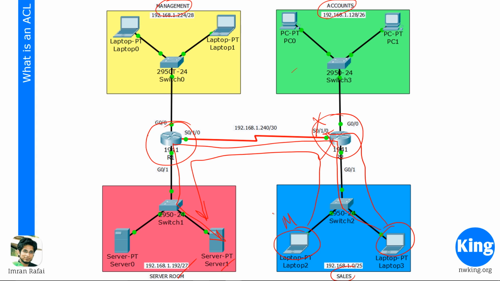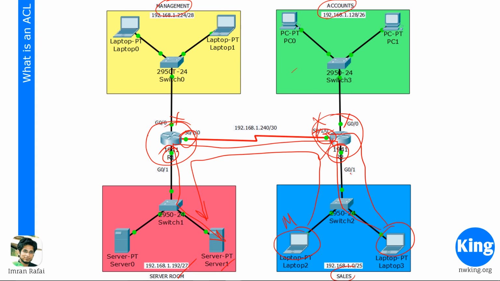So we need to first identify the data flow, and we see that the packet is going through this interface, coming out of this interface, again entering this interface and getting out of this interface, right? This interface has nothing to do with it, and this interface has nothing to do with it, right? So we need to identify the traffic.